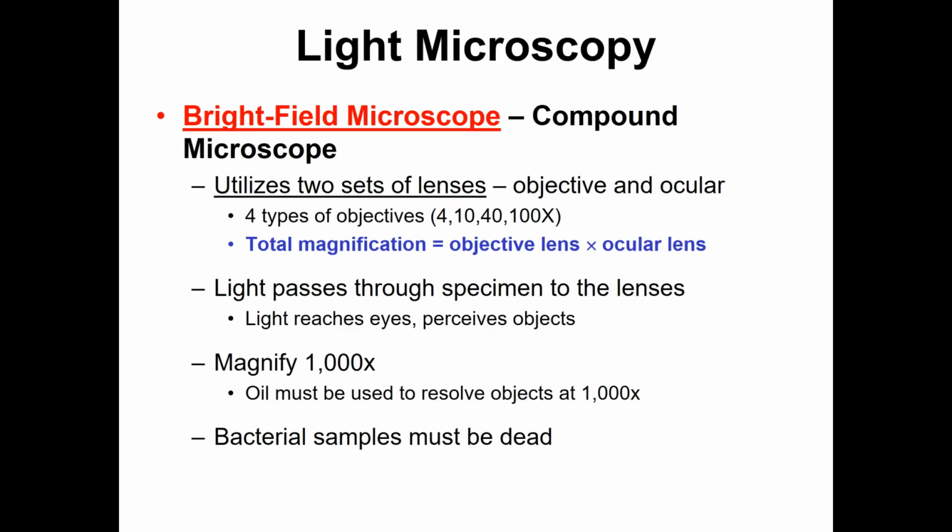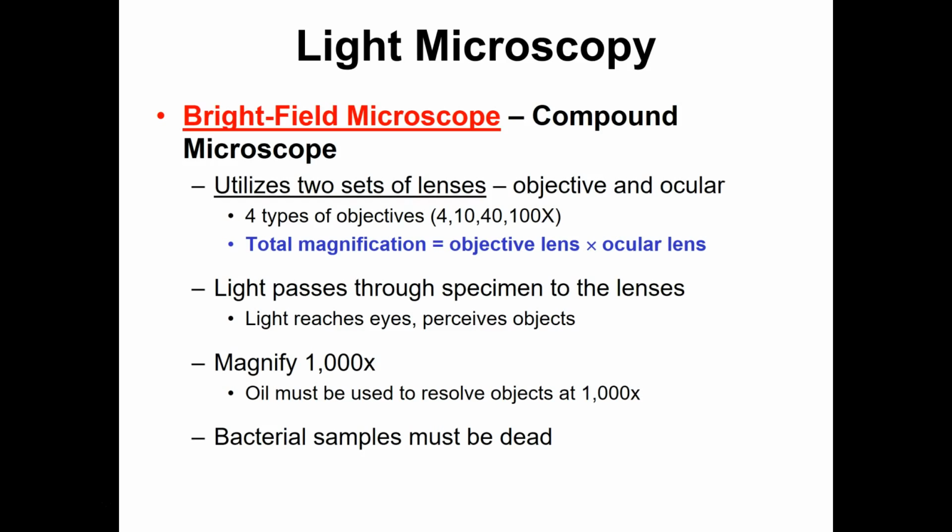Compound means that when viewing a specimen, you have to multiply the power of the lenses you're looking through. Since you're looking through two lenses, in order to understand the total magnification of your specimen, it's a simple calculation. It's the power of whichever objective lens you're using, 4, 10, 40, or 100, times the power of the ocular lens, which is 10x.